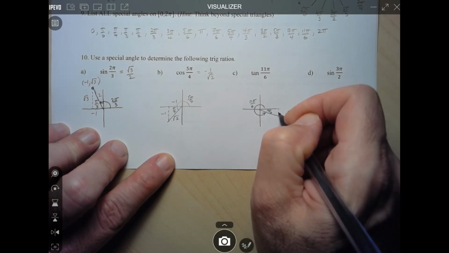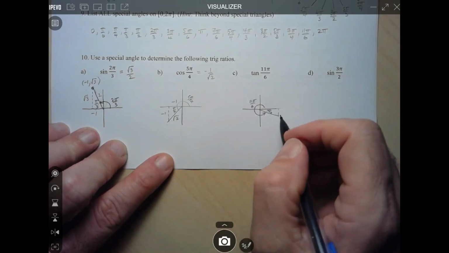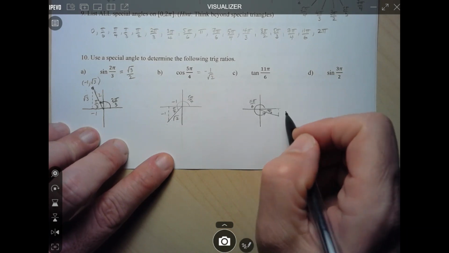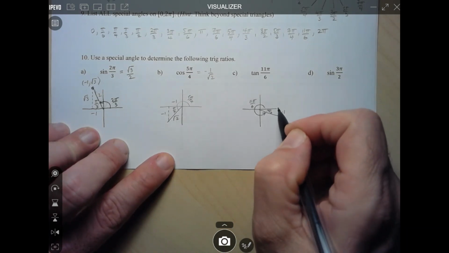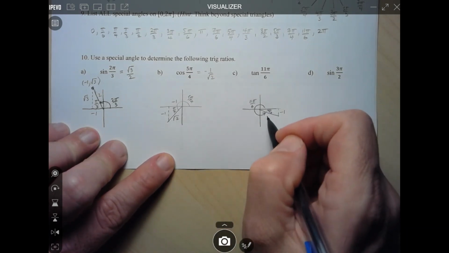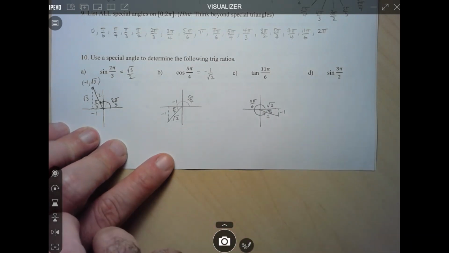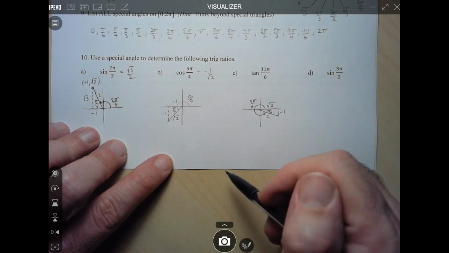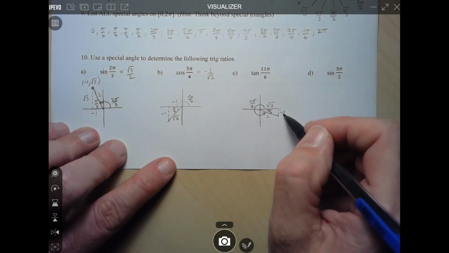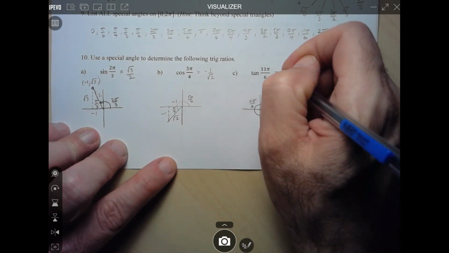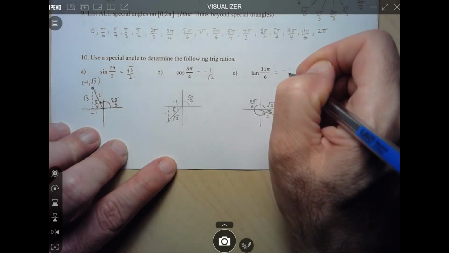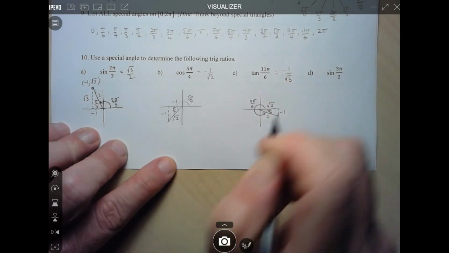Okay, and of course my side lengths are -1 because the y is negative, to positive root 3 because the x value is positive. So tangent, of course, is y over x. So -1 over root 3.